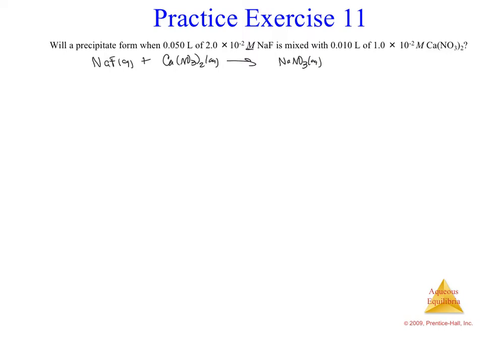And I know that's aqueous because sodium and nitrate are both always soluble based on our solubility rules, plus calcium fluoride. And this is the one that might form a solid if we have a high enough molarity of the calcium ions. And then for good measure, we can balance it. So I've got 2 nitrates on the left, so I need 2 over here, 2 fluorides. Okay, I think that looks good.